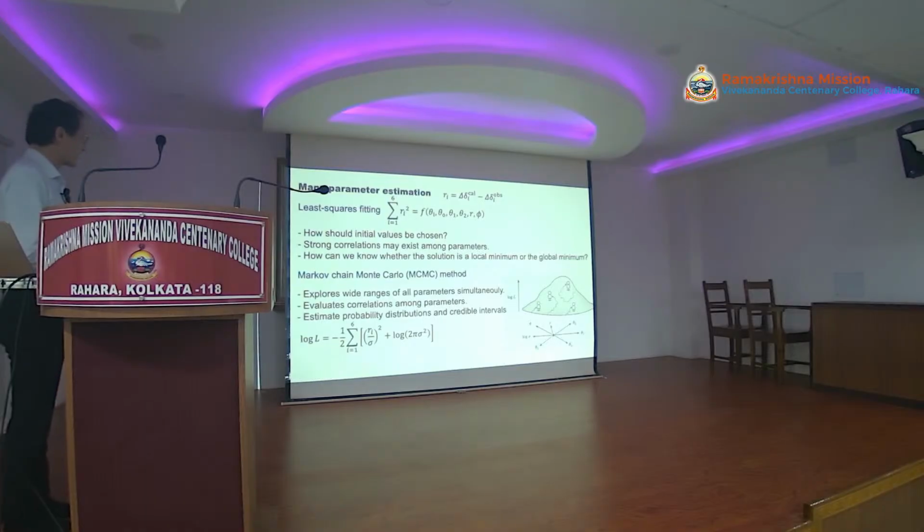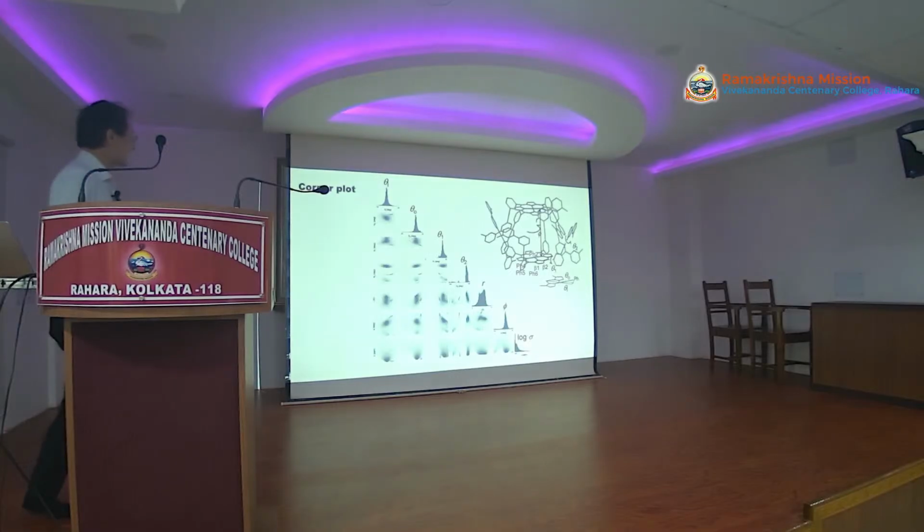So basically, that's the Markov chain Monte Carlo method, and the result is like this. We have explored a very large parameter space simultaneously and obtained these results. This is a projection of the high dimensional distribution onto each one of the parameters.